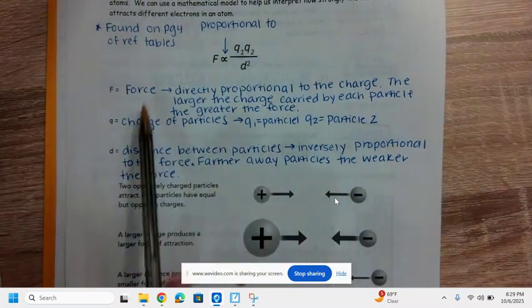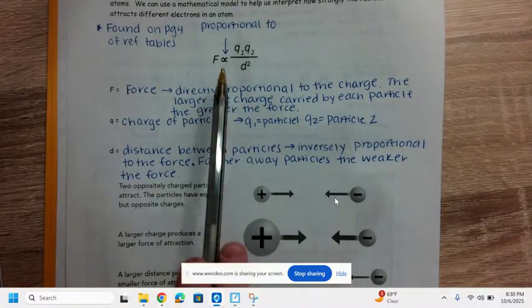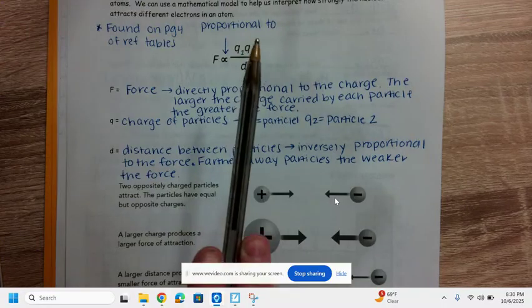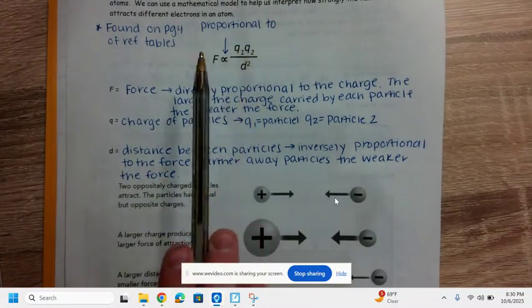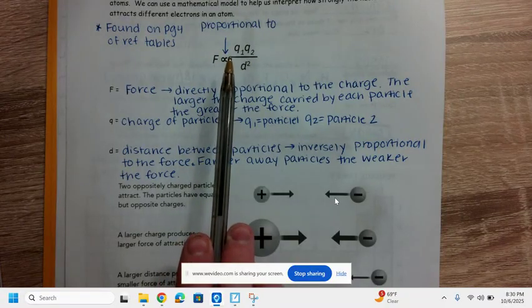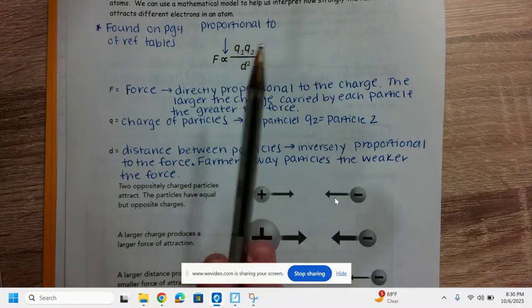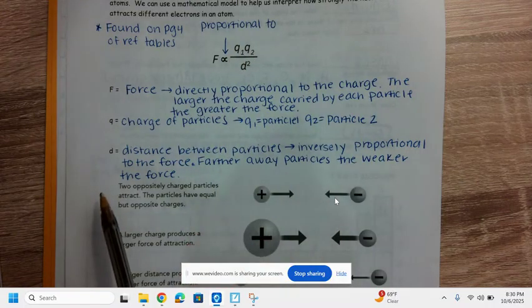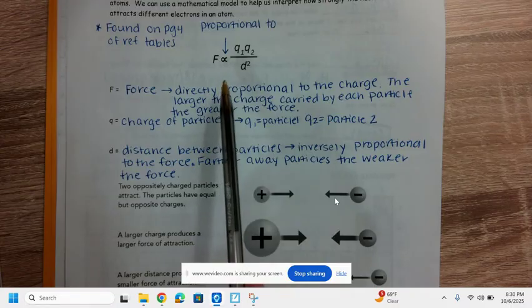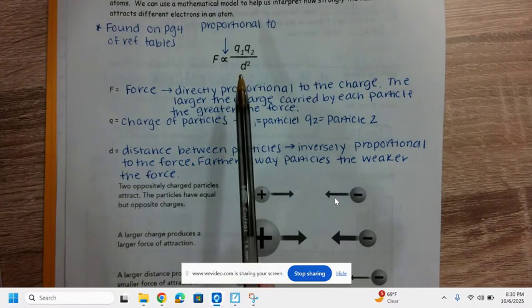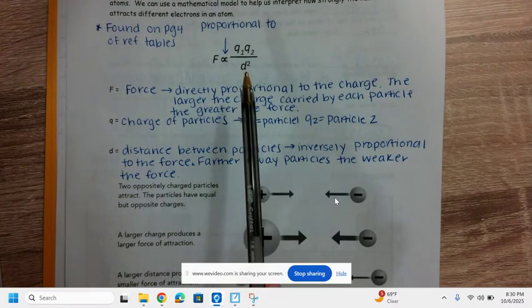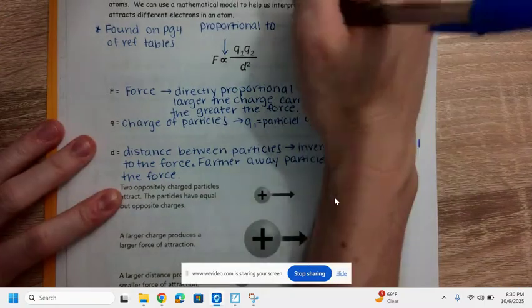Right? So, once again, force is proportional to two things. The charges of your particles, Q1 and Q2: the higher the charges of the particles, the stronger the electrostatic force. It's also inversely proportional to the distance. The farther away the particles are, the weaker the force is. And that is known as Coulomb's law.